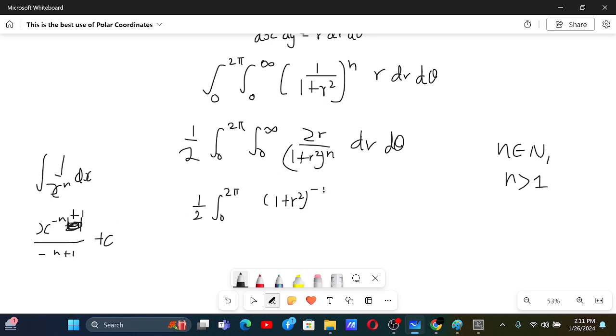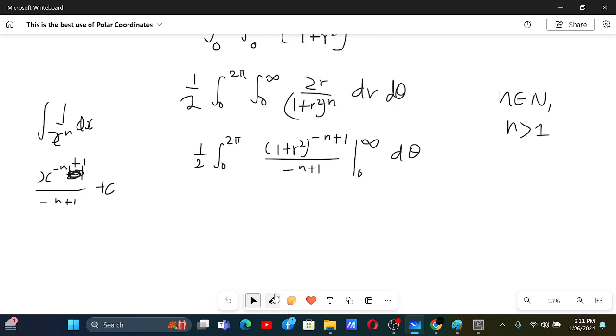So this is 1 plus r square to the power minus n plus 1 by minus n plus 1, going from 0 to infinity, and then d theta, yeah. And now since our n is greater than 1, minus n plus 1 is going to be negative, yeah. N is greater than 1, so minus n is of course less than minus 1, and minus n plus 1 is less than 0.